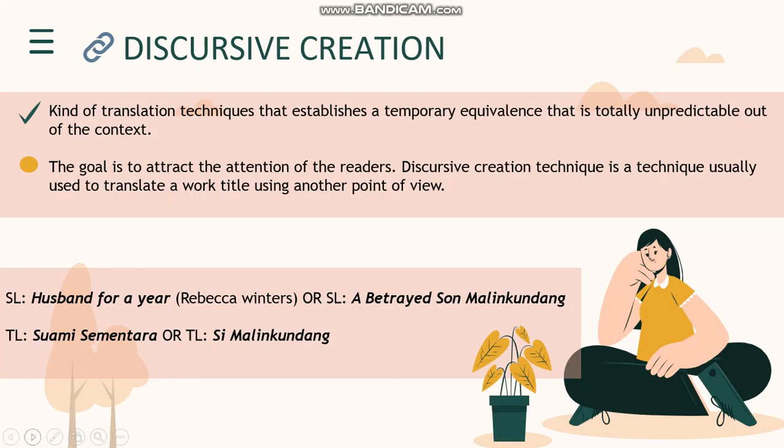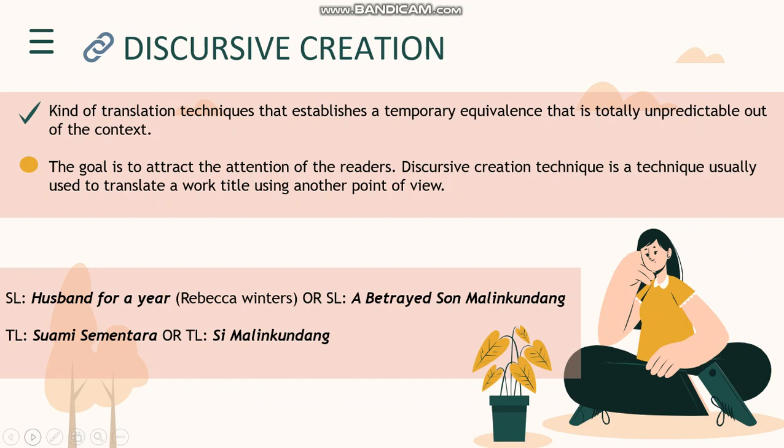Okay, there is discursive creation. It is a kind of translation technique that establishes a temporary equivalence that is totally unpredictable out of context. This technique is usually used to translate a work's title using another point of view. You can check the example here.